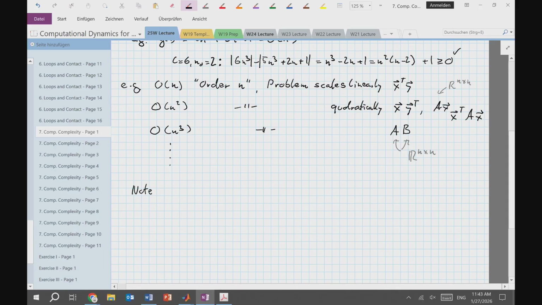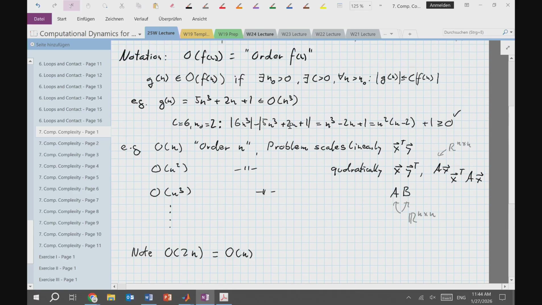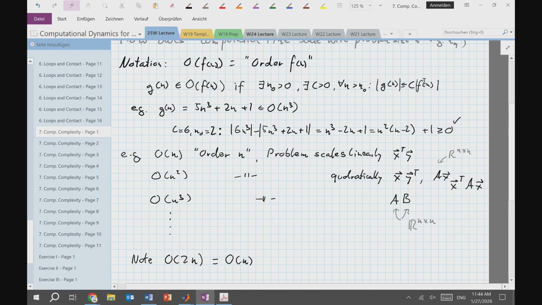Now comes an important note. If I have something of order 2n, it's exactly the same as order n because, going back to the formal definition, we have this constant c, and that can be anything.